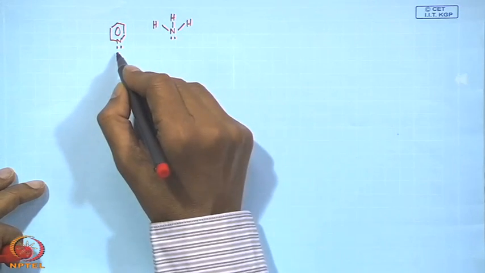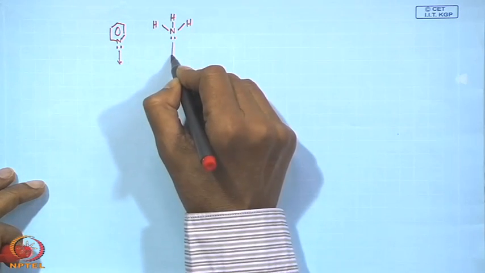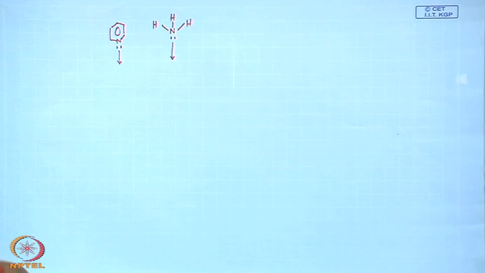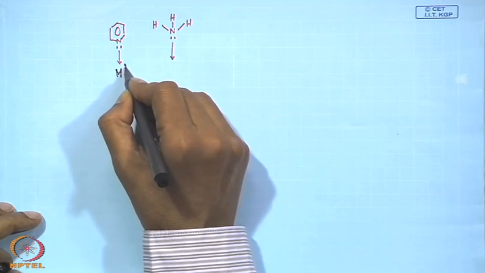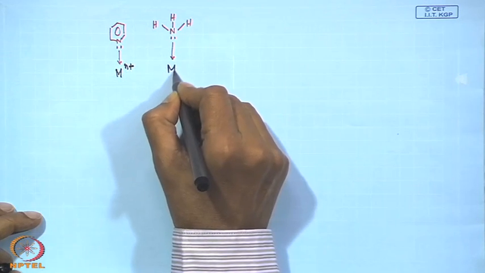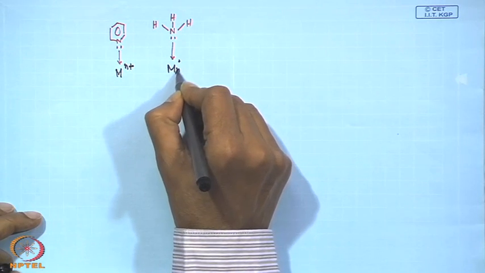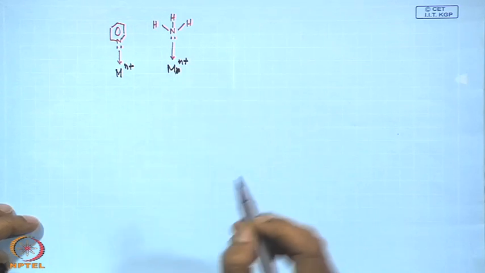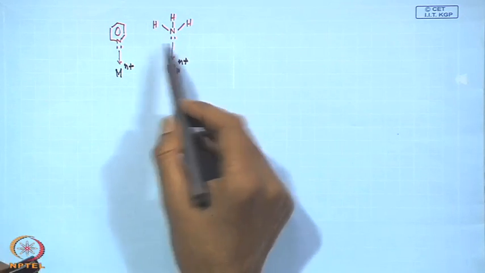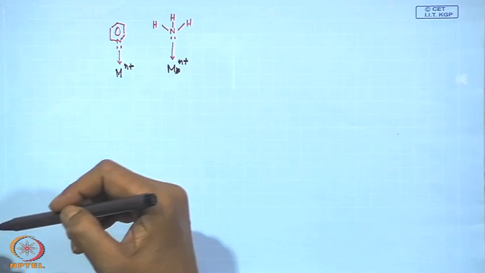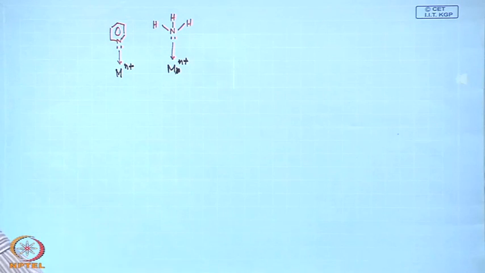So, pyridine can bind to the metal center through the donation of its lone pair of electrons. This is Mn plus. The binding of this to the metal is in a monodentate fashion. So, both pyridine and ammonia can bind to the metal center in monodentate fashion for the formation of the corresponding complex.